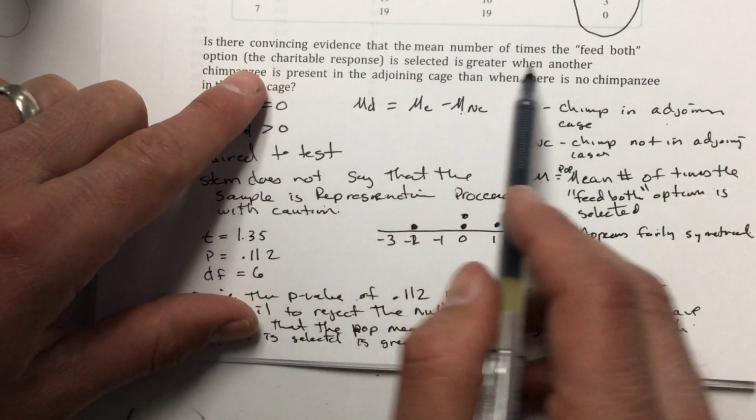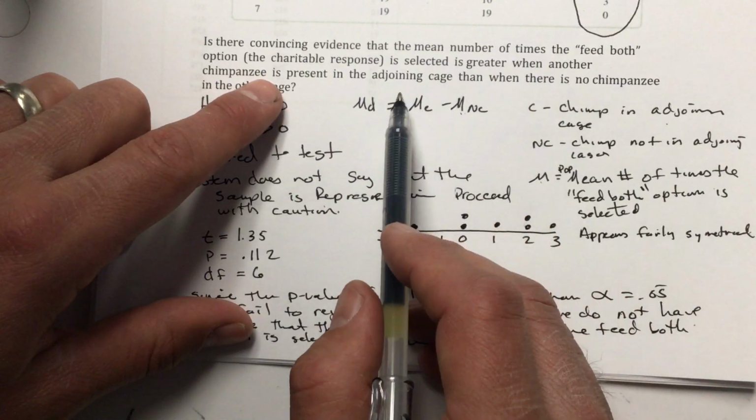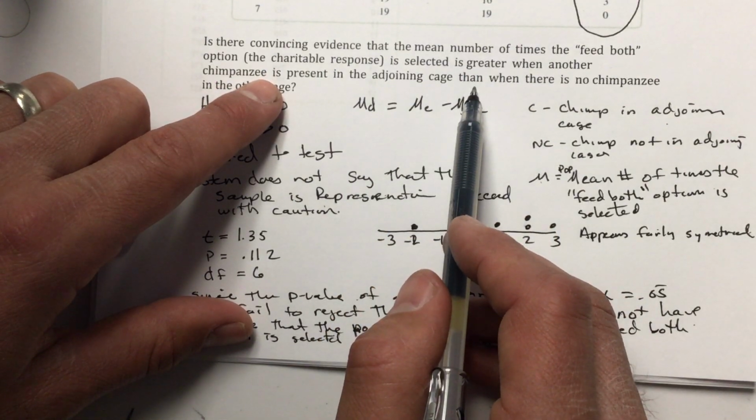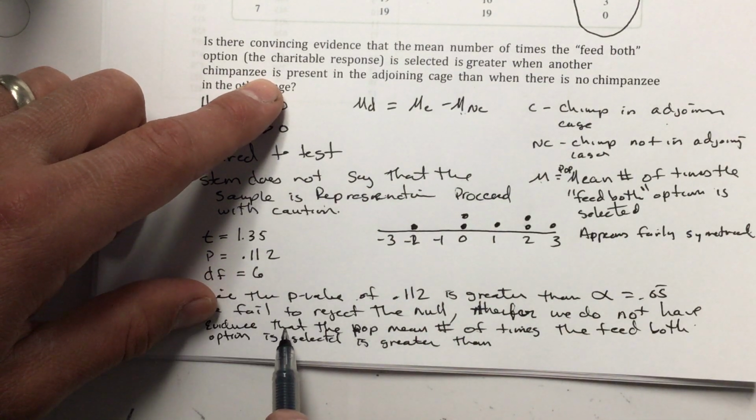Is there convincing evidence the mean number of times the feed option is selected is greater when the other chimpanzee is present in the adjoining cage than when not? Okay, so where are we at here?